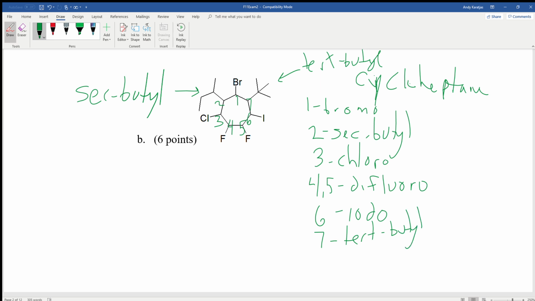So at this point, the only step left for us is to put these in alphabetical order and write out the full name. So again, we know our bromine comes first. Then we have our 2 butyl substituents. The sec-butyl and the tert-butyl.